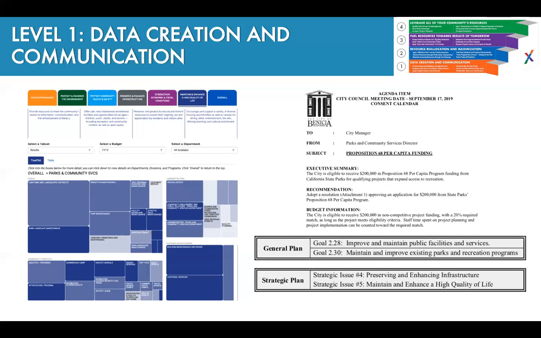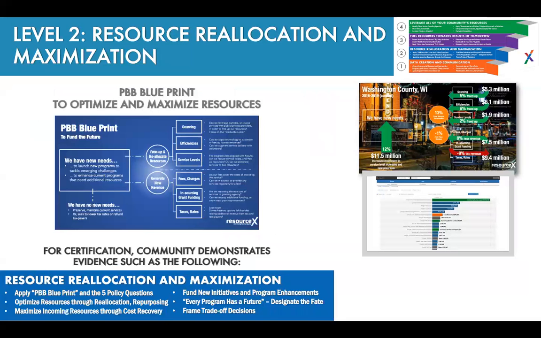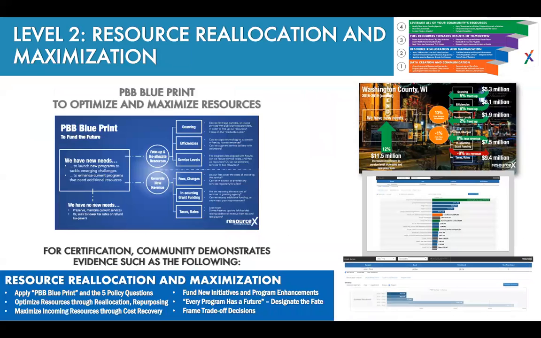Well, level 2 then really does get into the discussion about where resources should be headed. And in level 2, we get into the discussion of the PBB blueprint, which is all about where can we free up and reallocate resources potentially, and where can we bring in new resources into the organization, and why would we do it?